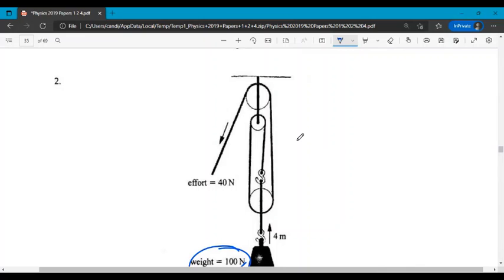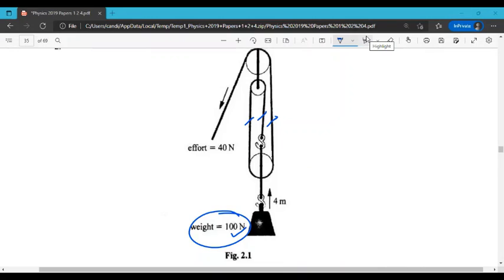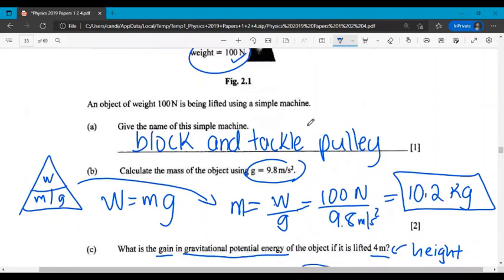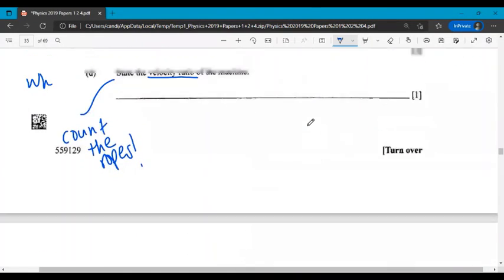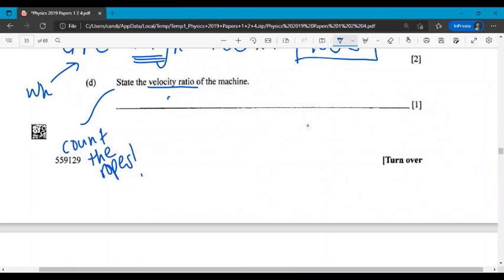So that would be this one, that one, and this one. So we do not count this one. That's the one that we're applying the effort on. We don't count that one. And so that's 3 ropes we counted. So the velocity ratio, VR, is equal to 3.